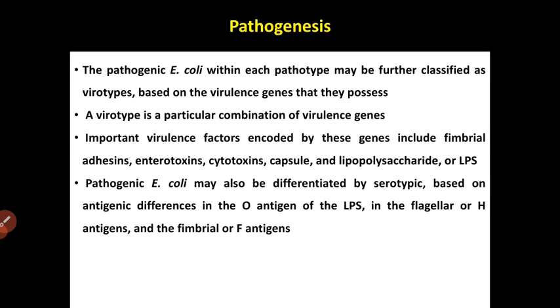We have discussed the determinants of pathogenicity, so now we can understand what classification is done. A virotype is a particular combination of virulence genes. Important virulence factors encoded by these genes include fimbrial adhesins, enterotoxins, cytotoxins, capsule, and lipopolysaccharide.